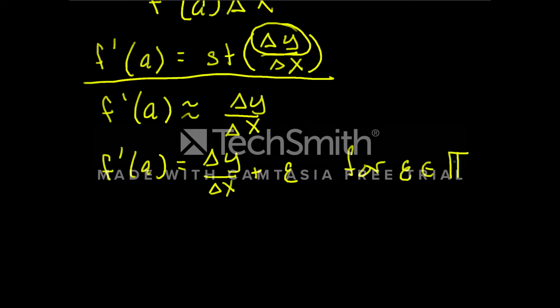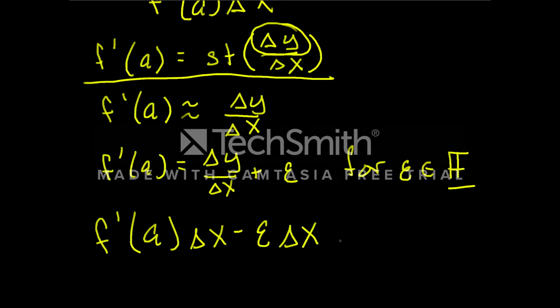I don't know what the infinitesimal is, but for the derivative to be the standard part, the derivative must be infinitely close to delta y over delta x, which means that the derivative must be delta y over delta x plus some infinitesimal. So solving for delta y, I multiply by delta x, so I get that f prime of a delta x plus epsilon delta x is equal to delta y.